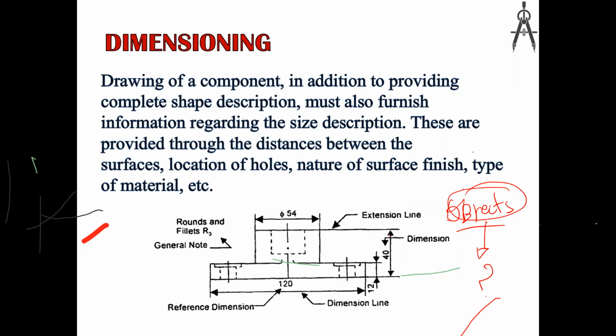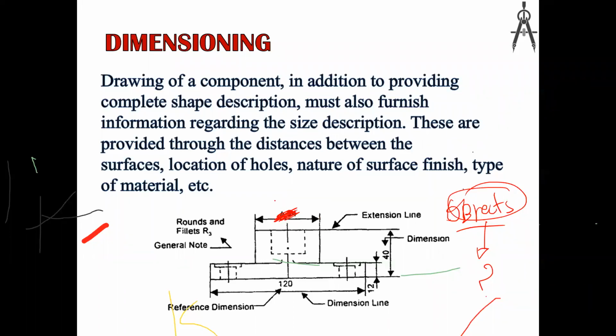All the details means, if you are going to make this component, you have to give all the details of this component, then he can easily make it. Let's assume somebody gives the drawing without this pi 54 dimension.